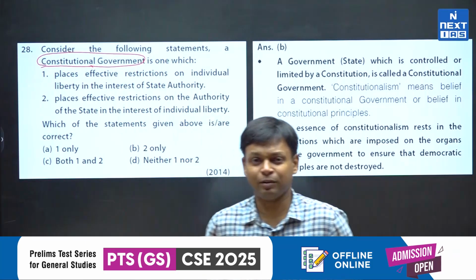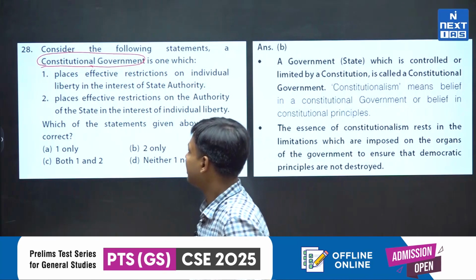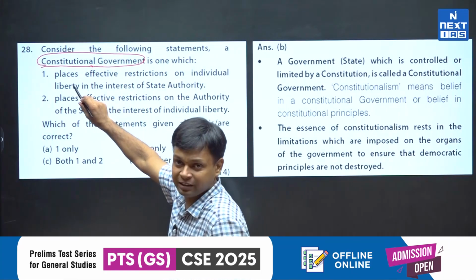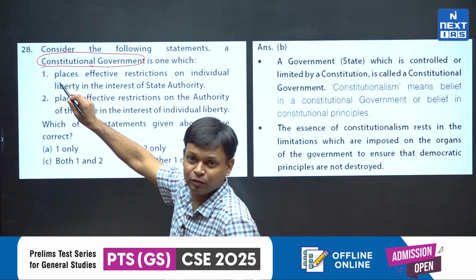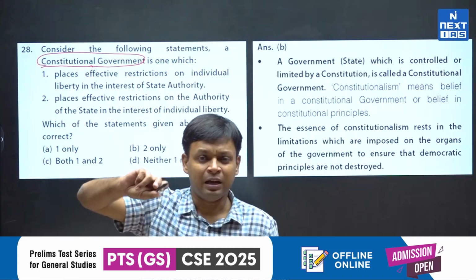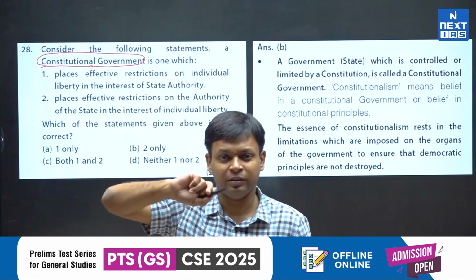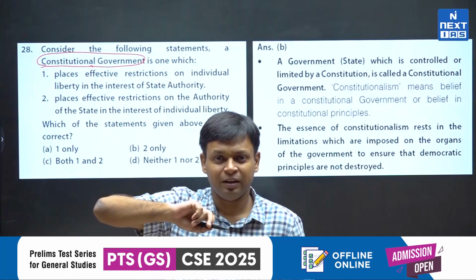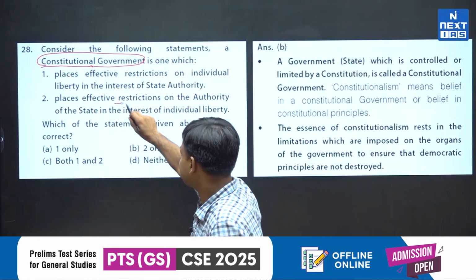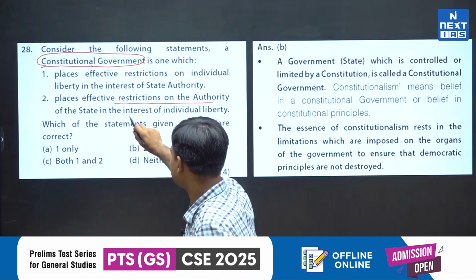So how does our constitution provide for constitutional government? Does it provide it by putting limitations on liberty of individuals? If limitations are put on individual liberties, how does it put limits to the powers of the government? So that is not the answer. The second statement says it places effective restrictions on the authority of the state in the interest of individual liberty.